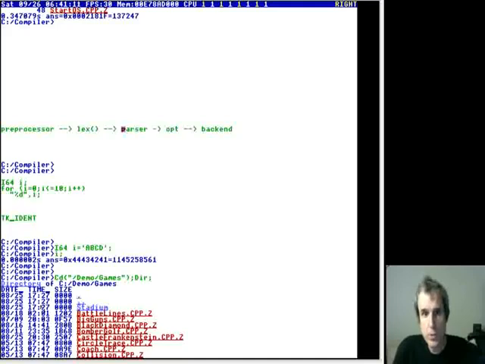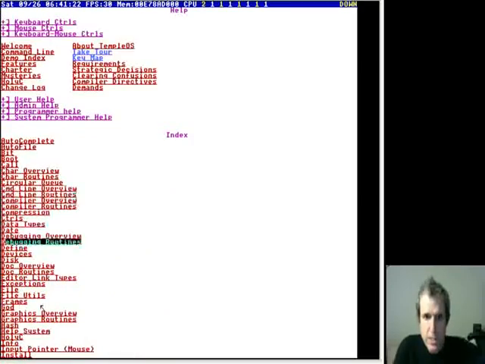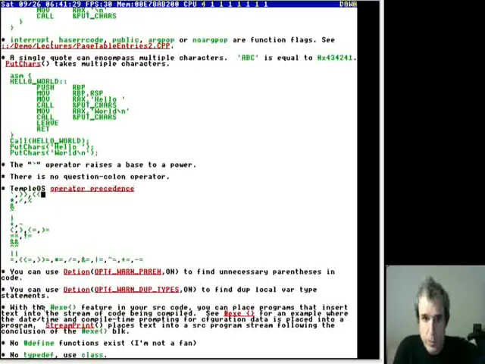Don't do that. There's a technique they teach in school for parsing expressions, and what you do is you make a recursive function for each level of operator. And I changed the operator precedence, by the way.